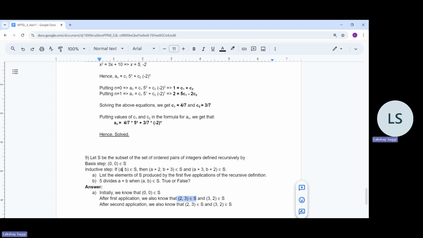If (2, 3) belongs to S, then (4, 6) also belongs to S, and (5, 5) also belongs to S. If A equals 2 and B equals 3, we'll obtain (4, 6), and we'll also obtain (5, 5) belonging to S.